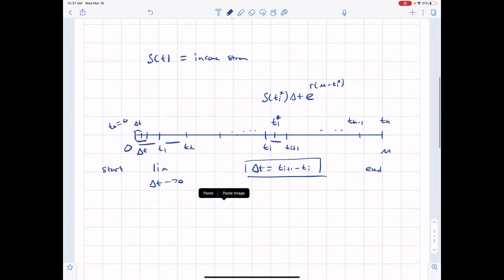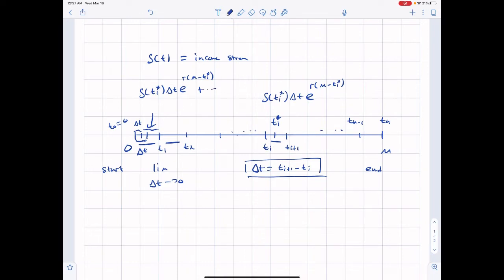And so the way to think about this is, okay, on my first interval here, I got S of t1 star, my first sample point, times delta t, times e to the power of r times m minus t1 star.